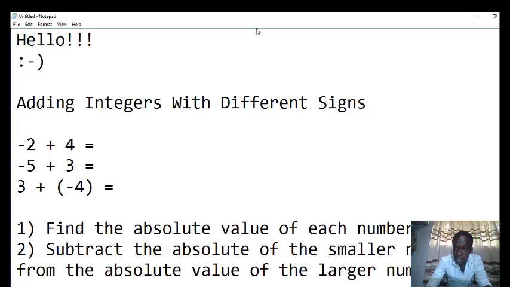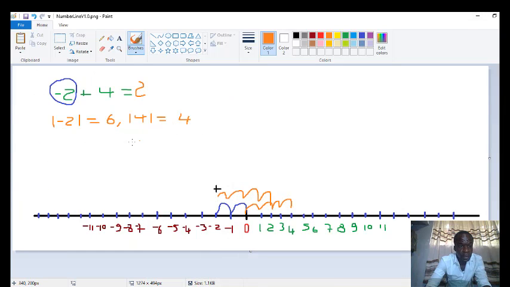This is what we do. Then let's go back. Sorry guys, I said 6 here, but it wasn't 6, it was 2. My mistake. The absolute value of -2 is 2, not 6. Okay, we were able to fix it.